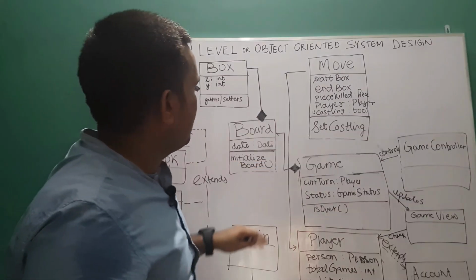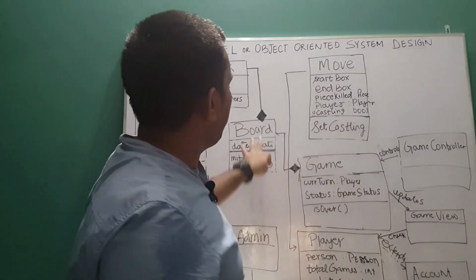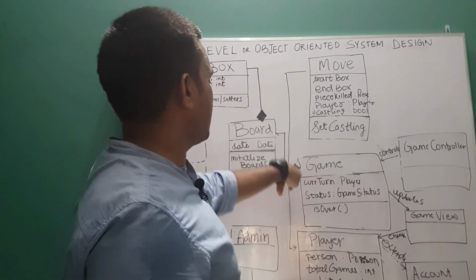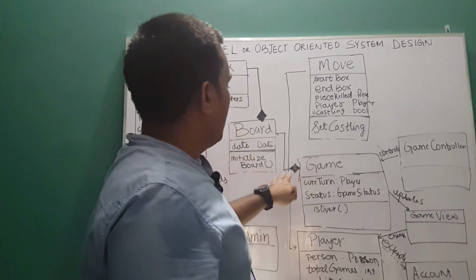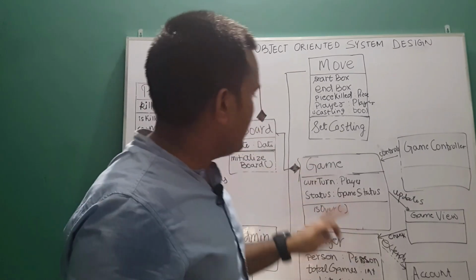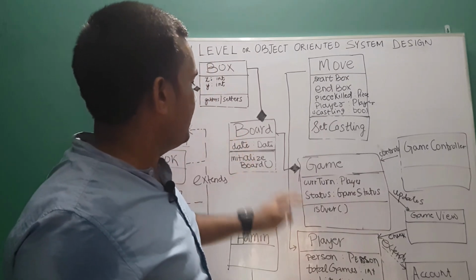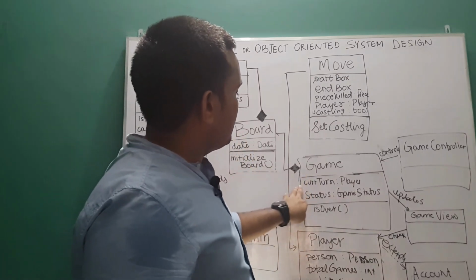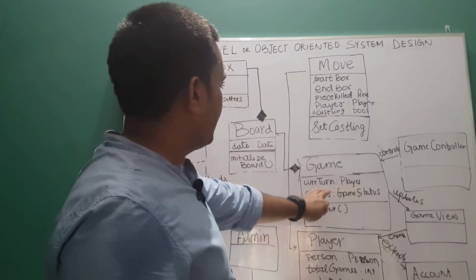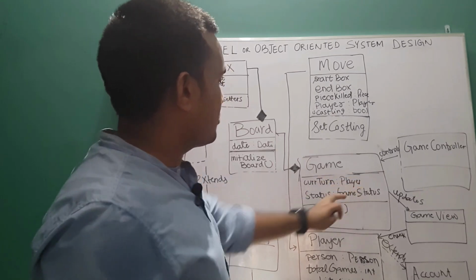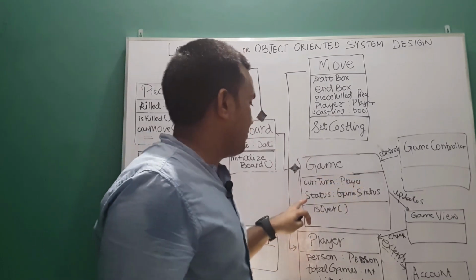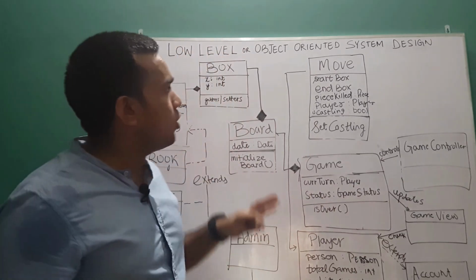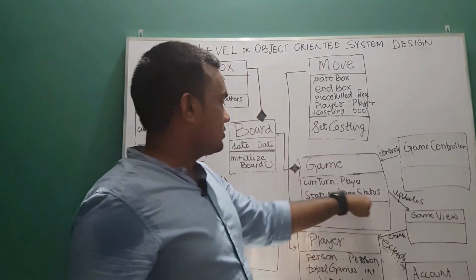The next is the game class. Again, board and game are in composition, denoted like this. The board will be there in the game; when the game starts, only then the board will be present and initialize. Game will have its properties like current turn, which player is going to move, and the status of the game. Here I will write all these enums, like game status.